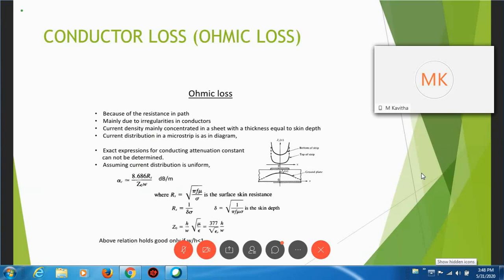Due to the skin effect and the conductivity of the material, there is an increase in resistance, and due to the increase in resistance, there is an increase in loss in the conductor. And for the third factor, as I already said, we need to use a smooth-surfaced metal to reduce the loss.